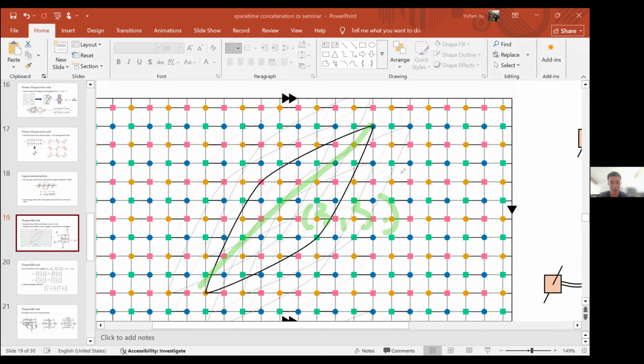I have a follow-up. Because in your ZX diagram, the 1 1, 2 2 and 3 3 are all symmetric. Does this mean that this lattice picture is not capturing the symmetry of the 3 3 direction relative to the other 2? Oh yeah, this is just one way to put it down, you have to compromise, right? Because there are 3 directions, there are actually 3 cycles running around, but you're putting things on the torus.